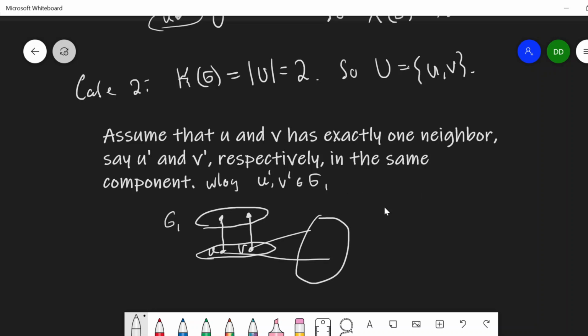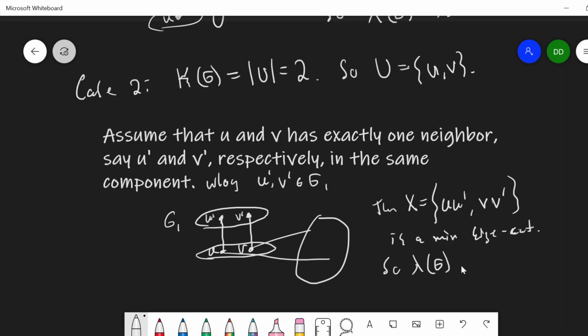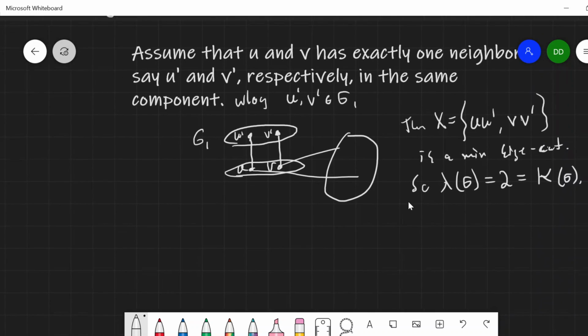Well, in this case, so this is U prime, V prime, then X equal to U prime, V prime is a minimum edge cut, right? That would disconnect the graph. And so the vertex connectivity is equal to 2, which is equal to, the edge connectivity is 2, which is equal to the vertex connectivity there.